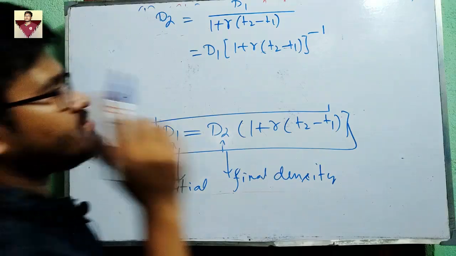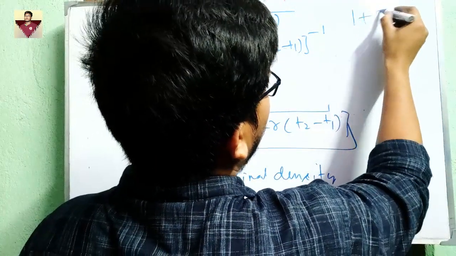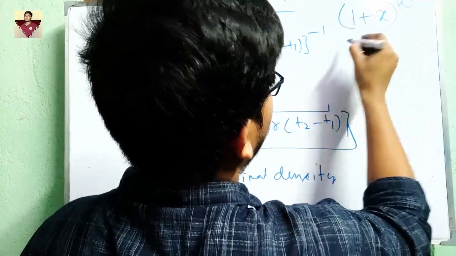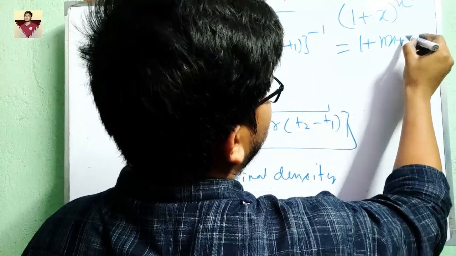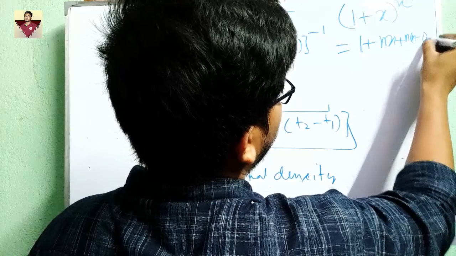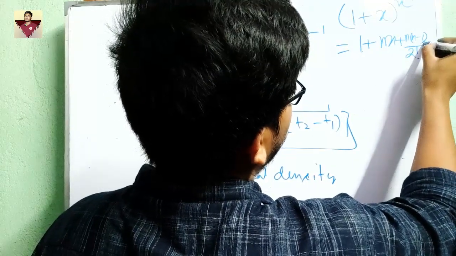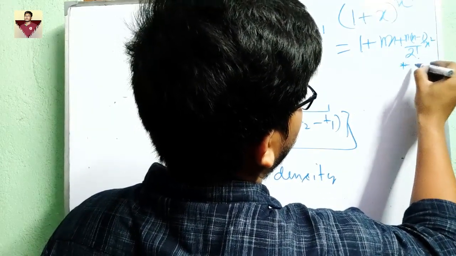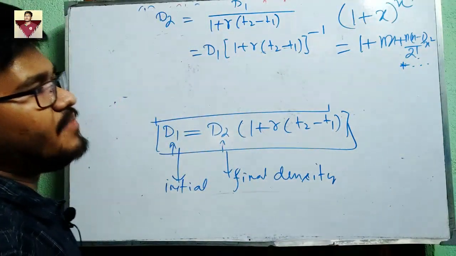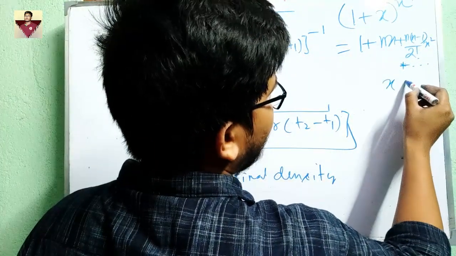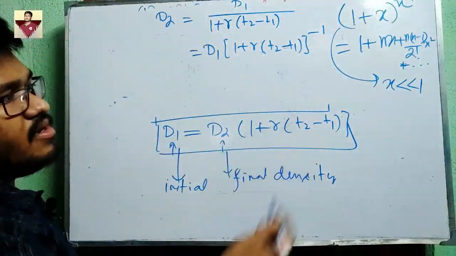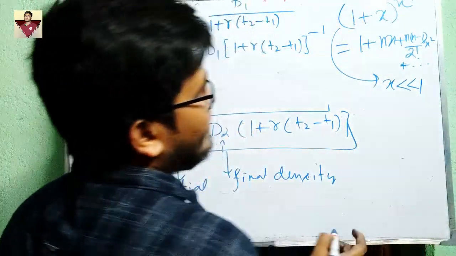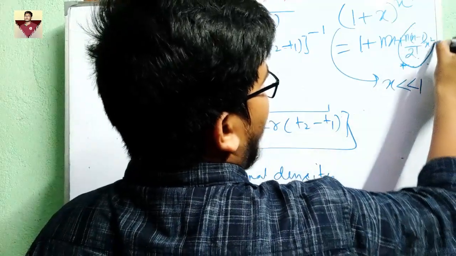Now in the binomial expansion, you write (1 plus x) to the power n as 1 plus n x plus higher order terms, n into n minus 1 by 2 factorial into x square, plus the cubic term, the x to the power 4 term. If x is very much less than 1, then you can expand this series and neglect the higher order terms.